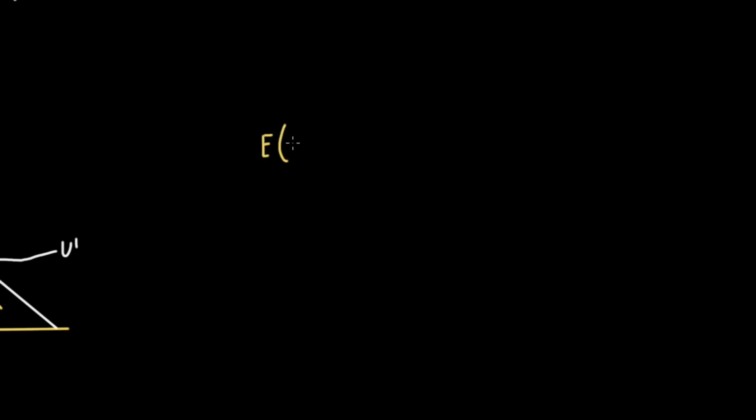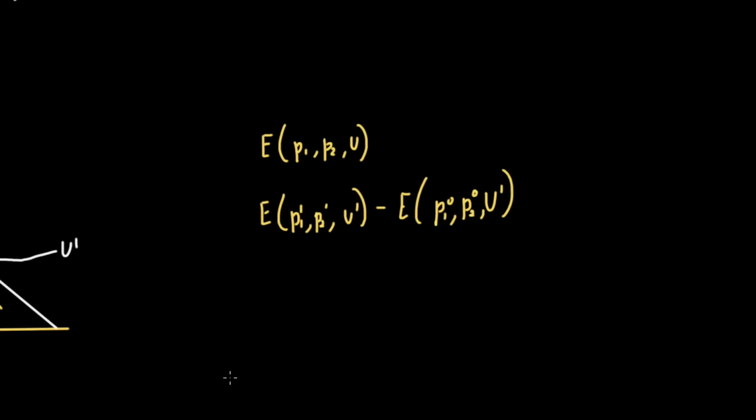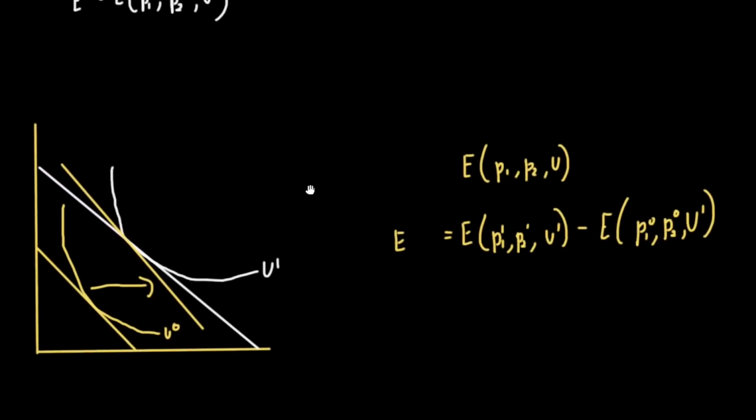So again, we have our expenditure function E(P1, P2, U), and this would be equal to our equivalent variation. So again, the equivalent variation is looking for the change in income that the consumer would have in lieu of the price change so that he would now be on the new utility level.